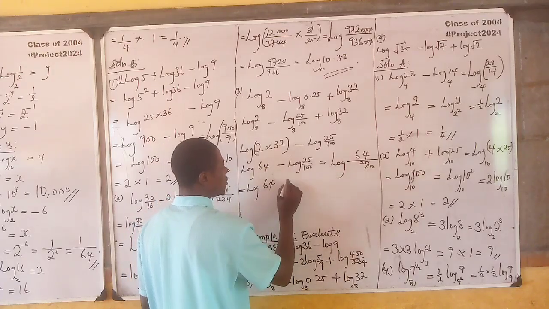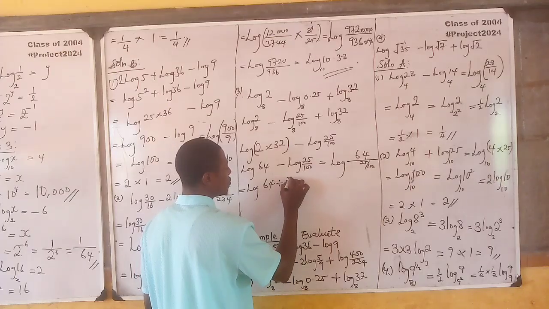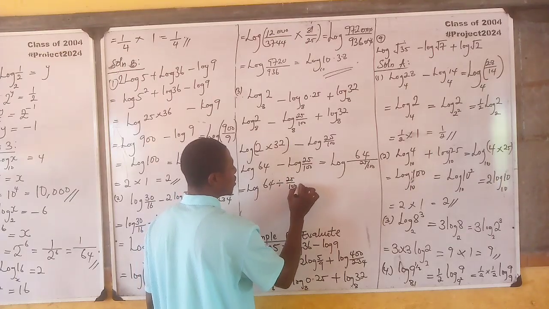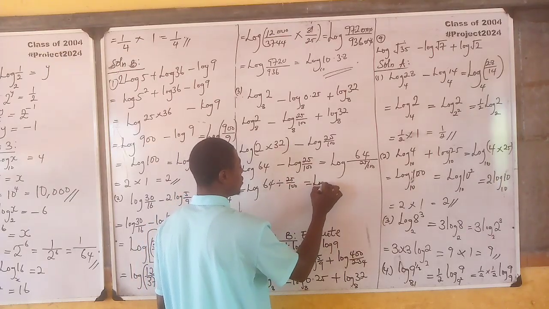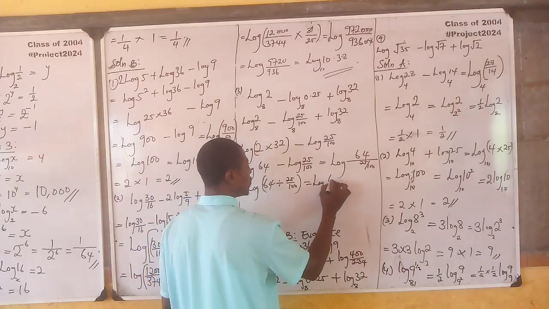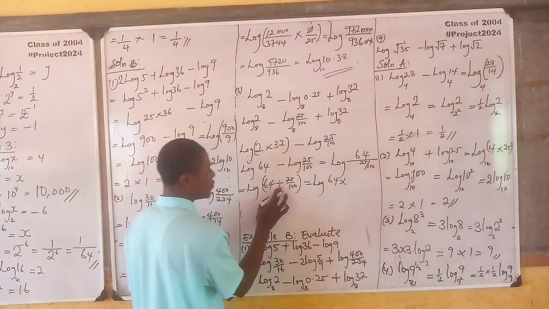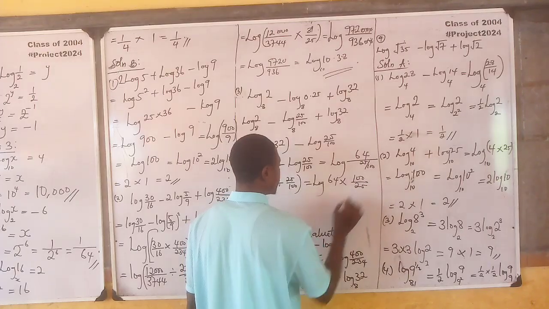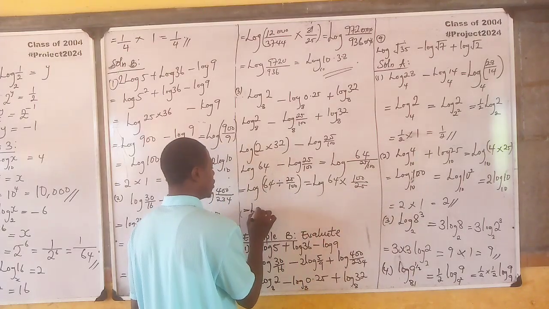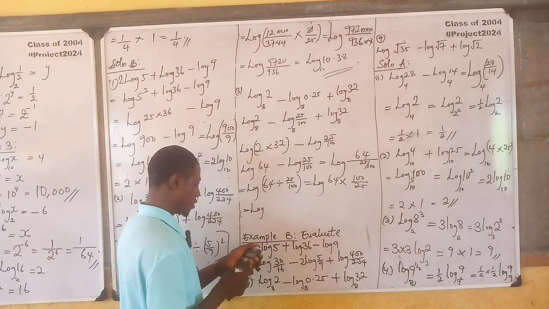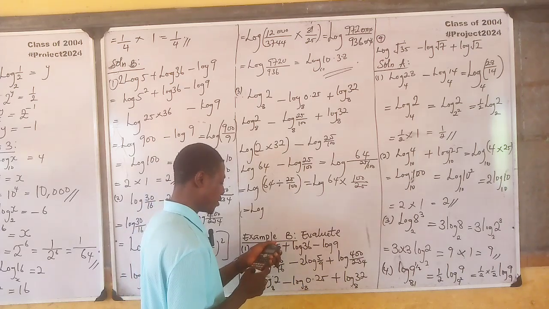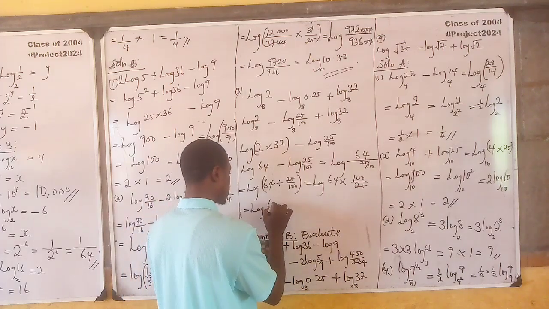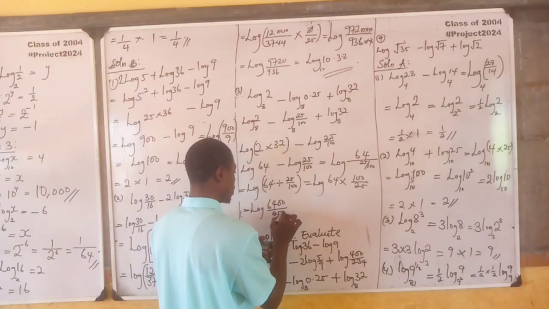Use your small division: dividing by 25 over 100 is the same thing as log of 64 multiplied by, you have to change this to multiplication, 100 all over 25. We are going to have log of 64 times 100, which is 6,400 over 25.